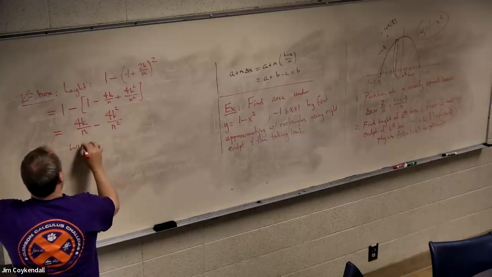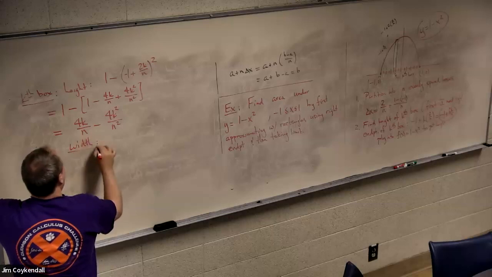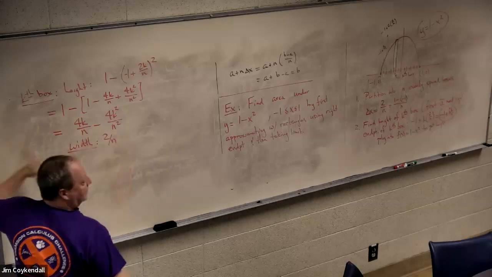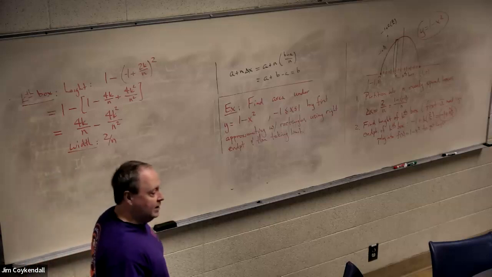The width, because I split this up into evenly spaced bars, doesn't matter what k is, they're all 2 over n.